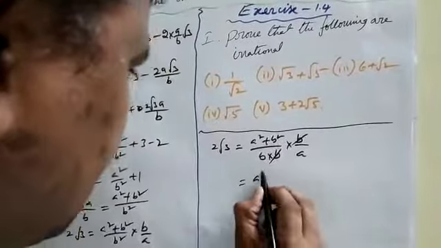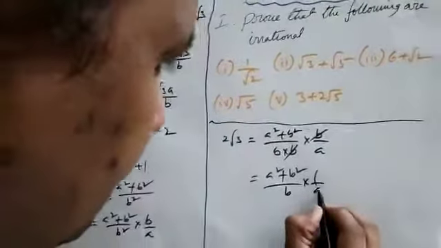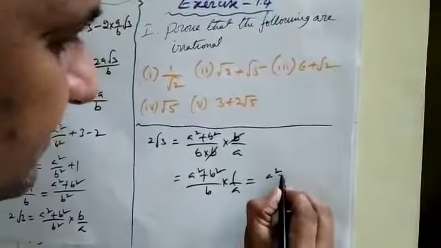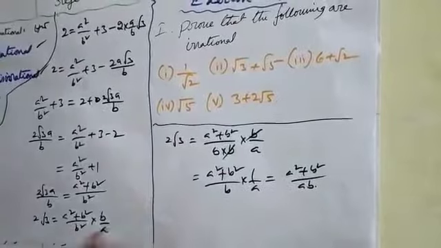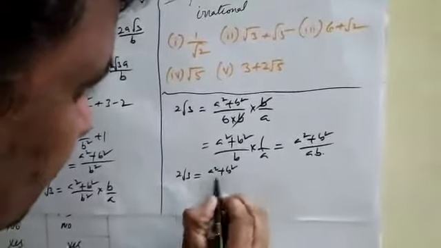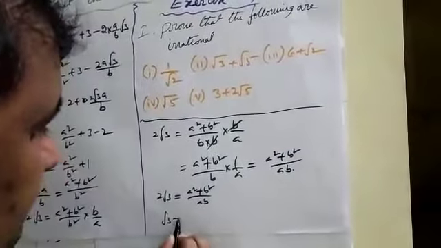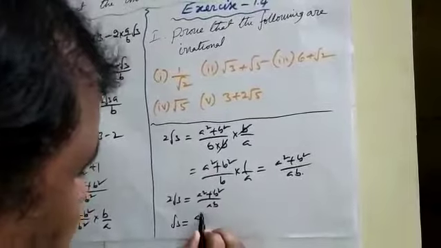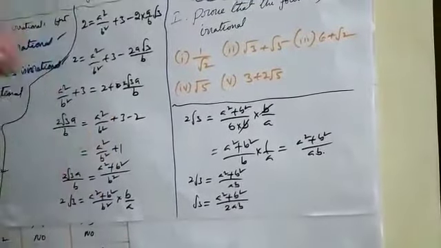What is remaining? A square plus b square divided by b into 1 by a, that means a square plus b square divided by ab. Therefore root 3 is equal to a square plus b square divided by 2ab.